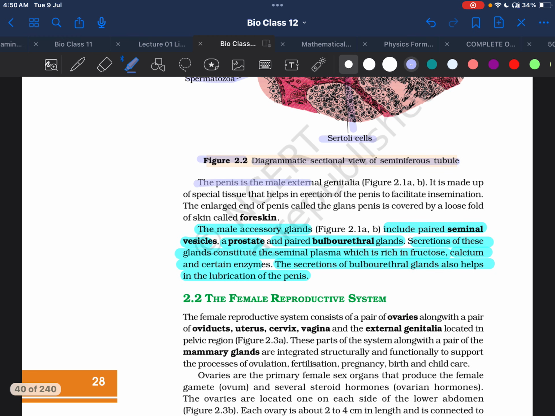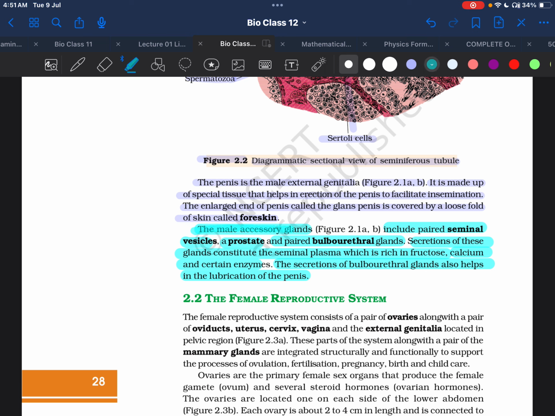The penis is the male external genitalia. Figure 2.1a, b. It is made up of a special tissue that helps in erection of the penis to facilitate insemination. The enlarged end of penis, called the glans penis, is covered by a loose fold of skin called foreskin.